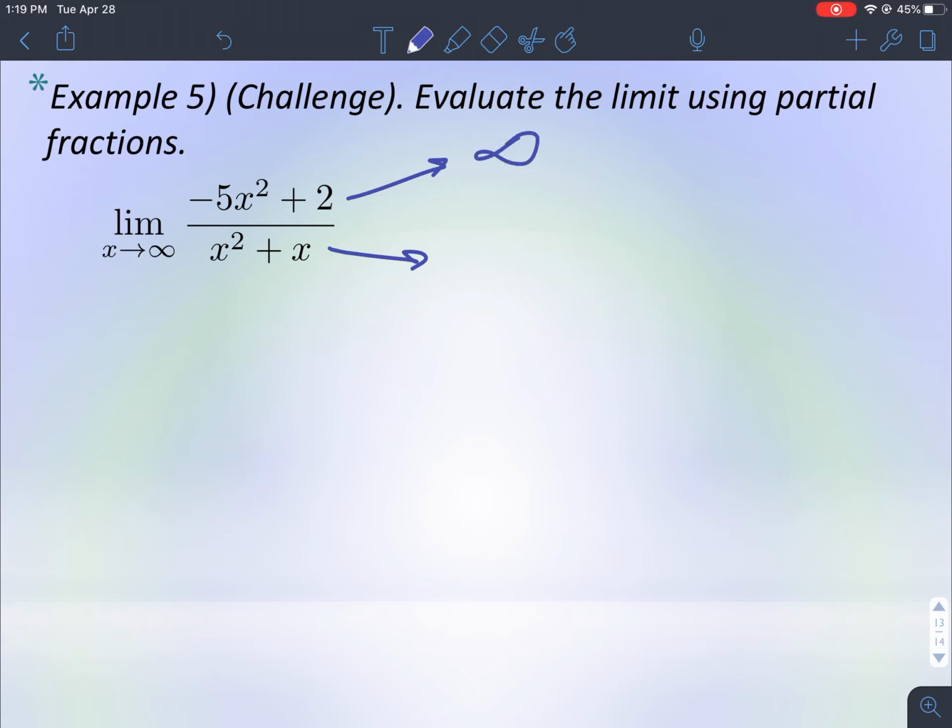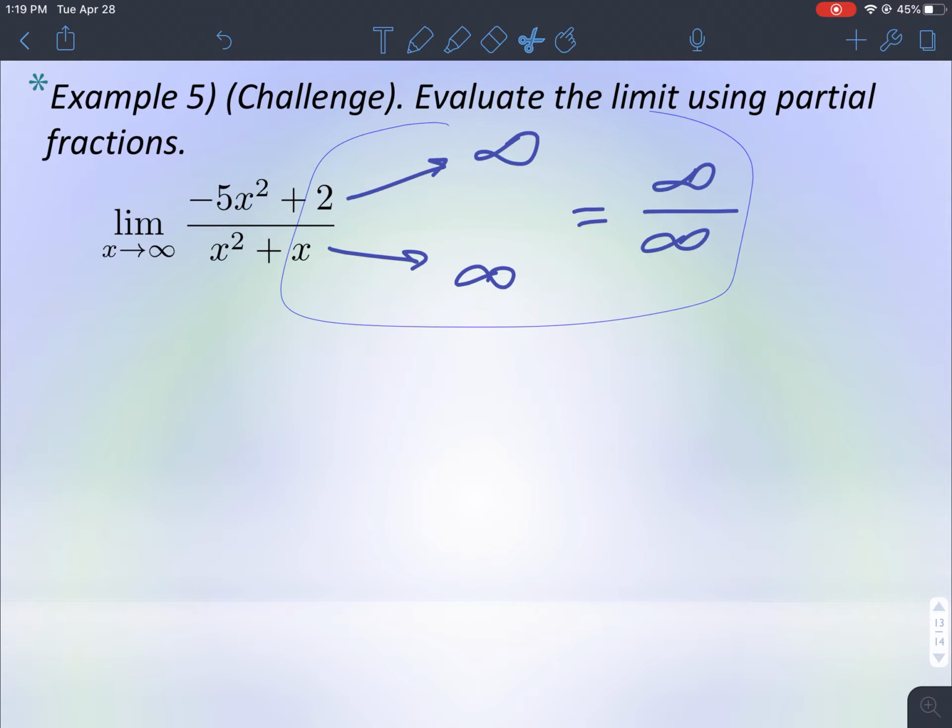It's going to be infinity. And the same thing will happen on the bottom. So this is going to be infinity divided by infinity, which is actually not 1. It doesn't tell us anything about the end behavior of the function. So we can't come to a conclusion there.